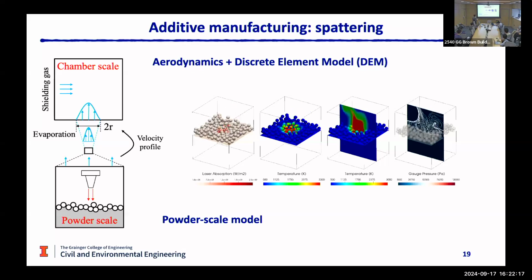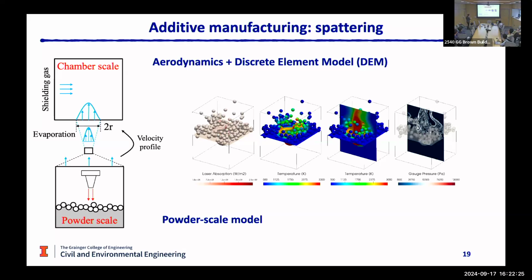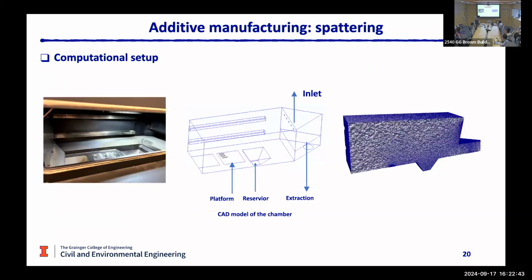After that, we parameterize the velocity and angle of the particles and impose them as the boundary condition at the bottom surface for the chamber scale. The chamber scale couples aerodynamics and the discrete element method, takes the information from the powder scale for powder ejection initiation, and then the cross-flow you apply simulates the powder dynamics in the AM machine chamber. So let me show you how this model performs.